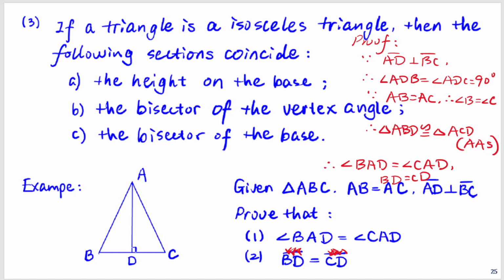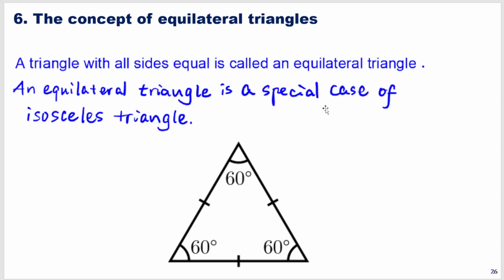Okay, if not, let's have a look at a special case. So probably you have already guessed that. A special case is that all of the interior angles are equal. A triangle with all sides equal is called an equilateral triangle, or equilateral triangle is a special case of isosceles triangle.